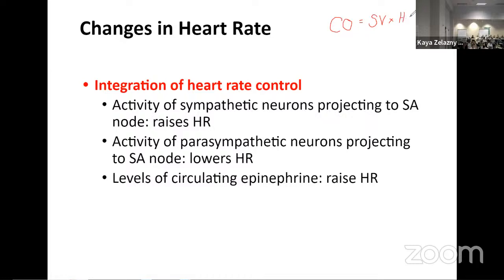Okay. So we're talking about how we can regulate cardiac output, how we can change it, right? So if we want to increase our cardiac output, if we want to get more blood out to the body faster, right? So say we're in a fight or flight situation, something stressful.